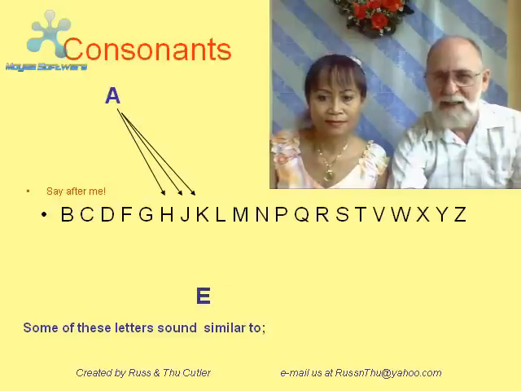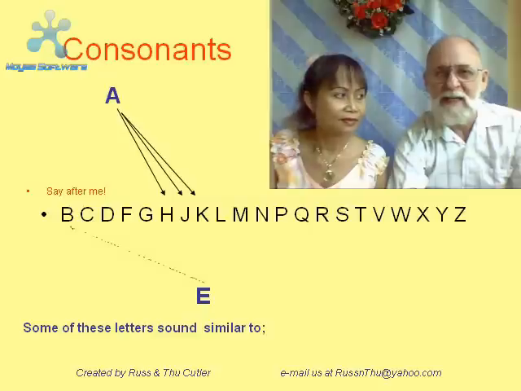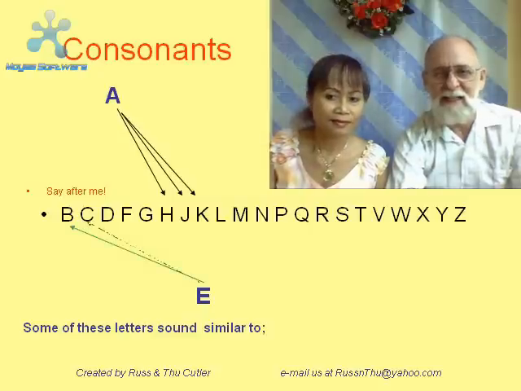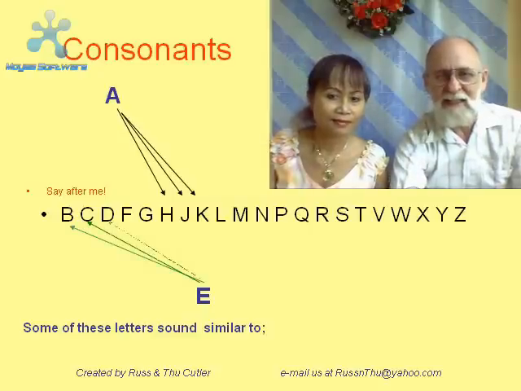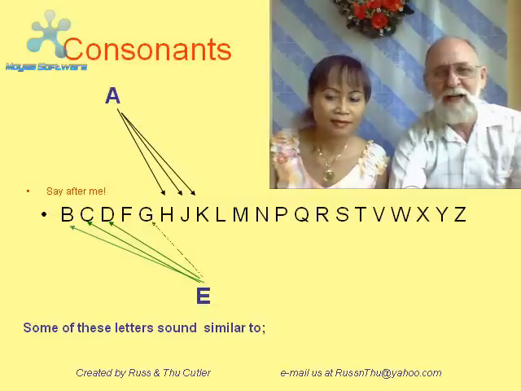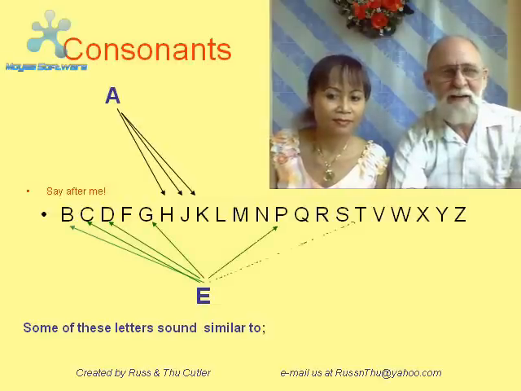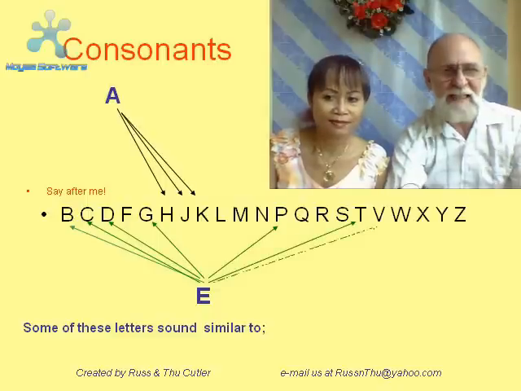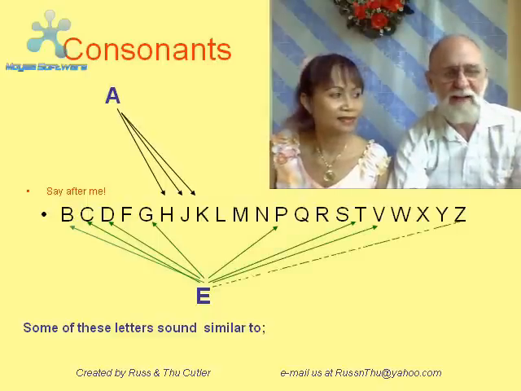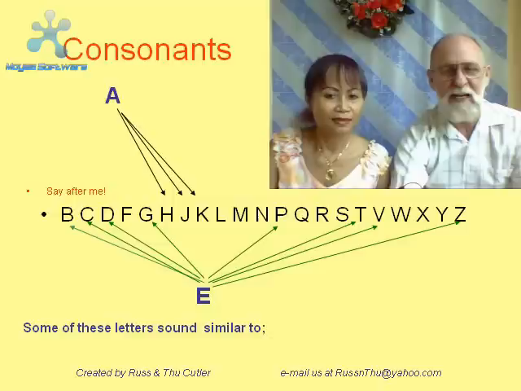So we have E, but it sounds like B, C, D, G, P, T, V, and Z. So we all want to have that long E sound in those names. Okay?